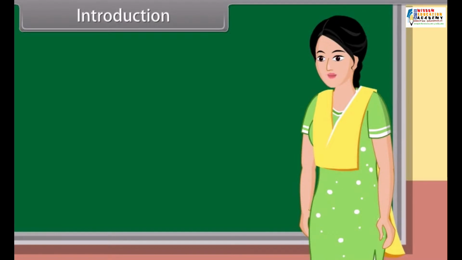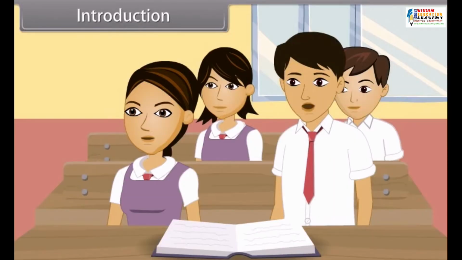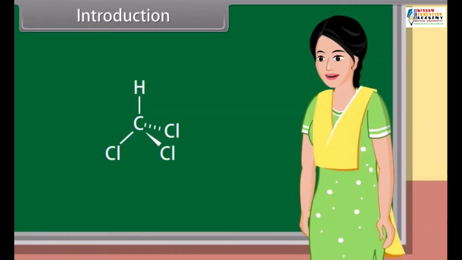Polyhalogen compounds are the carbon compounds that contain more than one halogen atom. Can anybody give an example? Yes, ma'am. Chloroform is a polyhalogen compound. Very good, Rohit. Now we learn more about chemical reactions of haloalkanes and haloarenes and polyhalogen compounds.